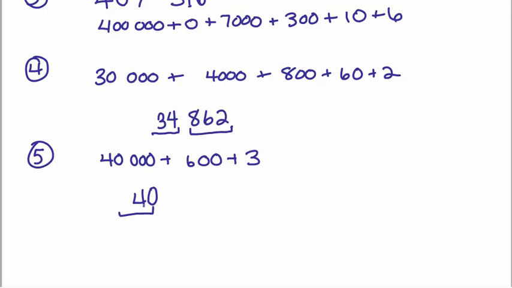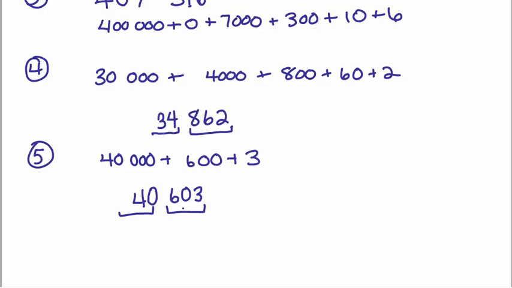So what this shows us is we have 4 10,000s or 40,000s. We don't have any thousands. Now this 0 is important to put in here. And then in our units period, we have 600, no 10s, and 3 1s.